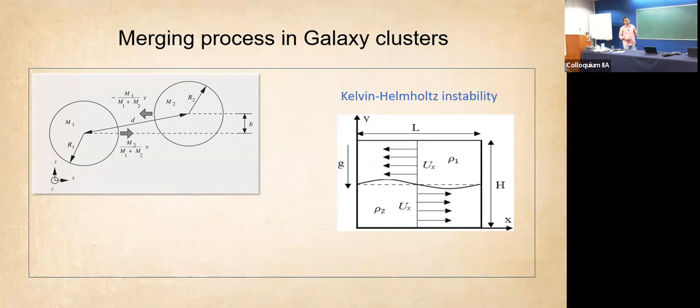What Helmholtz did was extend it to the accelerated system, because having gravity or having an acceleration is equivalent. So if you have a denser fluid accelerating towards the lighter fluid, it also gives rise to the instability. And this kind of flow gives rise to shear flows in the systems, in the merging galaxies.